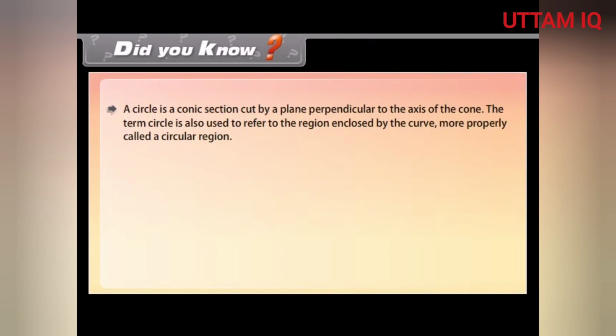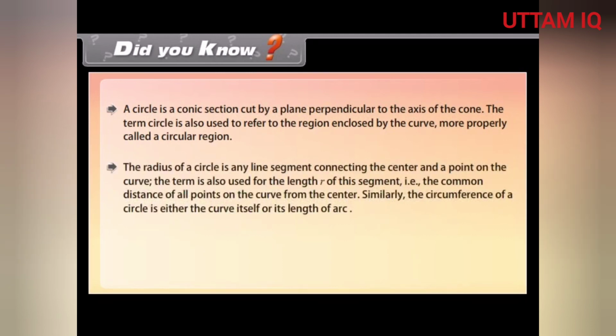Did you know? A circle is a conic section cut by a plane perpendicular to the axis of the cone. The term circle is also used to refer to the region enclosed by the curve, more properly called a circular region. The radius of a circle is any line segment connecting the center and a point on the curve.